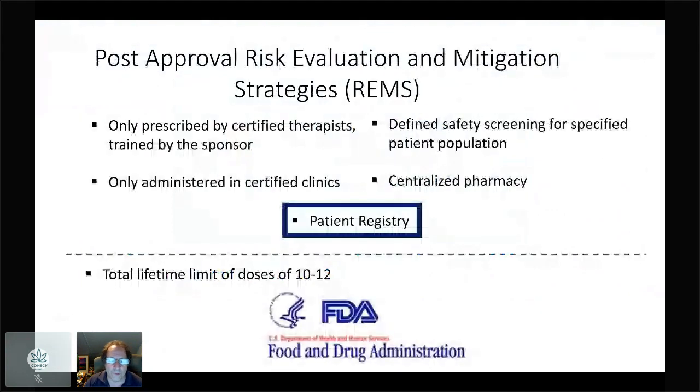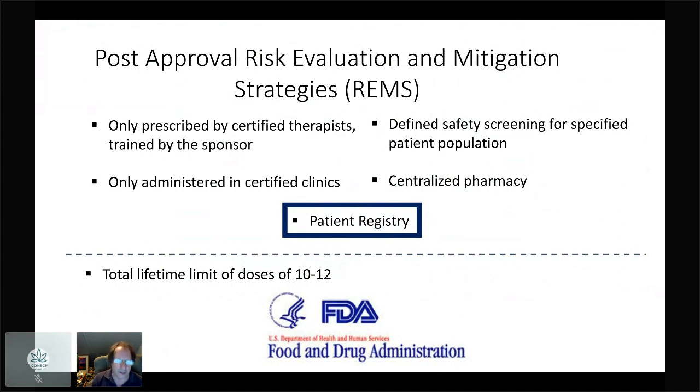Next one, please. So post-approval, these are called risk evaluation and mitigation strategies, REMS. MDMA, psilocybin is not going to be like most drugs where once they're approved, they can be prescribed by any physician. So we are negotiating with FDA about this. What we're proposing, what FDA wants to see, is that only people who have been trained by us, by the sponsor, in the therapy can actually treat patients, because the treatment is not MDMA.